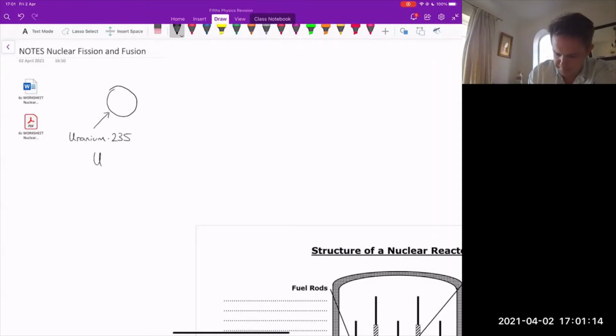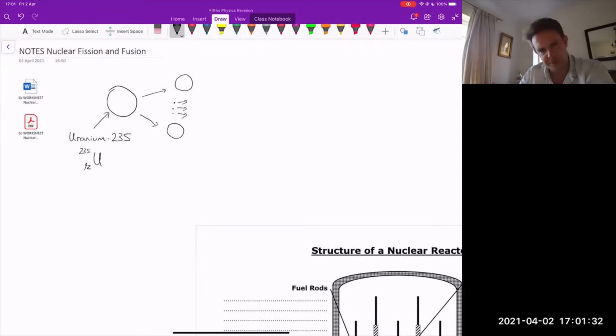So that's uranium, mass number 235, atomic number 92. And this splits into two daughter nuclei, two fragments, and then usually 2 or 3 neutrons are also produced.